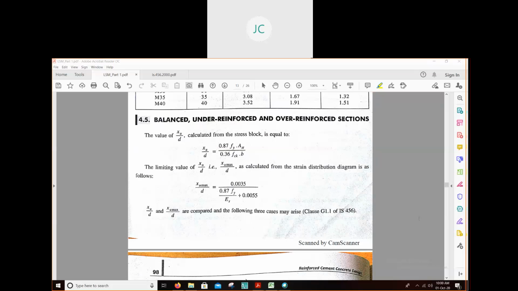Now in this case, for getting the balance, under reinforced and over reinforced section, we have to find out XU, that means depth of neutral axis, and XU max, and then we have to compare these two values. So XU you will get from this equation, from clause number G.1.1 from IS 456, and XU max I have shown you this formula in the last class.